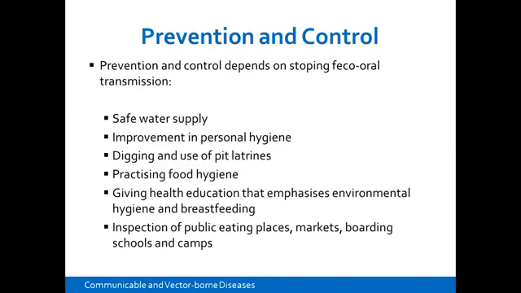And also in public eating places and markets, boarding schools and camps, it's important that these areas are inspected to ensure that they are free of the bacteria or the ways that it can be propagated.